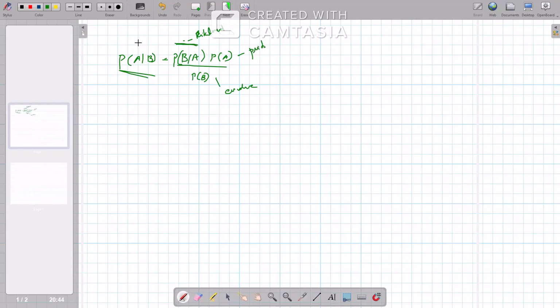So from this, we have to calculate the posterior probability of a particular event, right? So we explain that with a particular example.